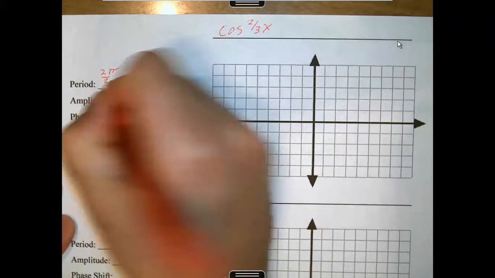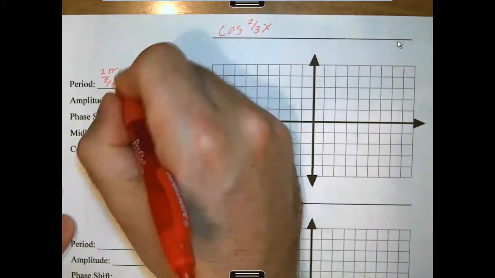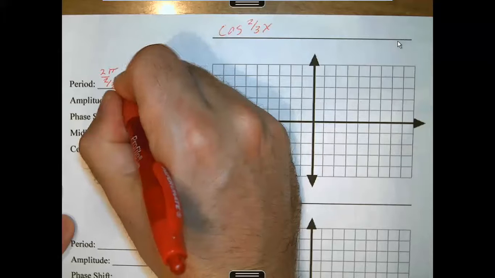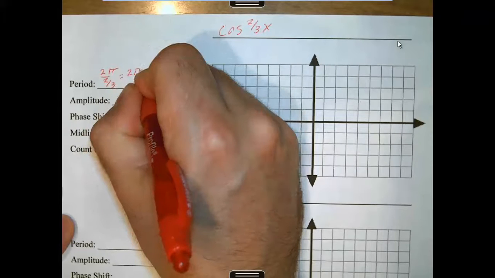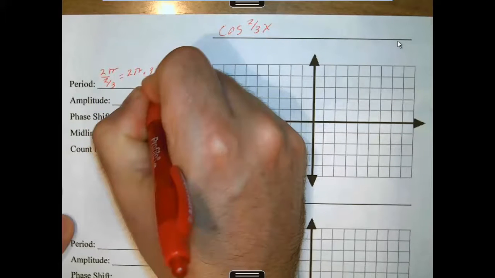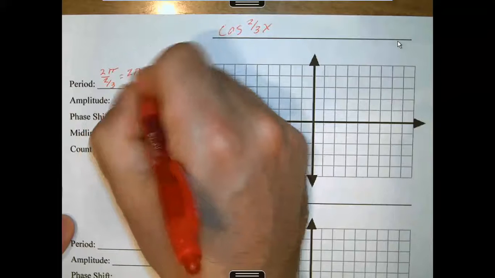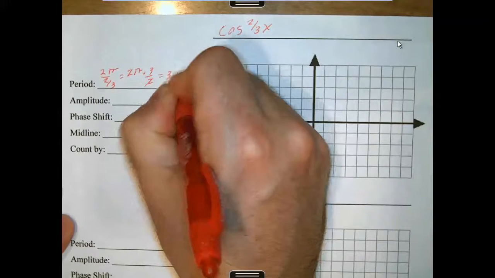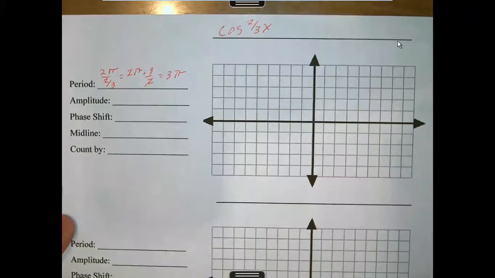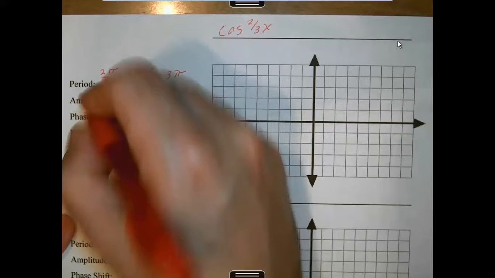When I divide by a fraction, I multiply by the reciprocal. The 2's cancel out, and 3 times pi is 3 pi. So there's my period. The amplitude is the number in front of cosine. There isn't a number, so I assume my amplitude is 1.